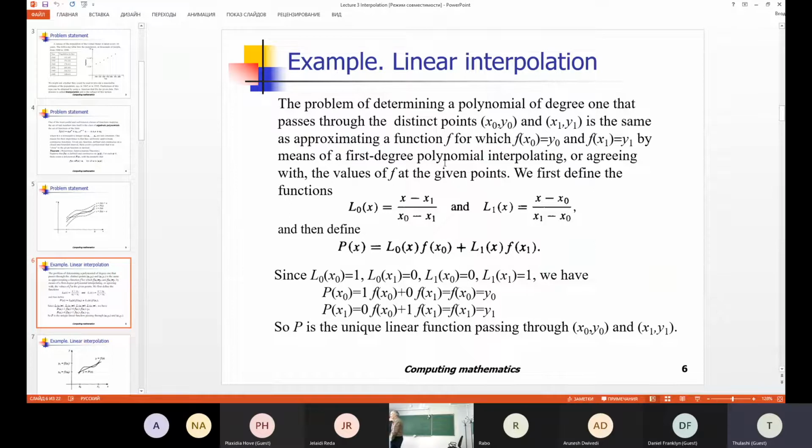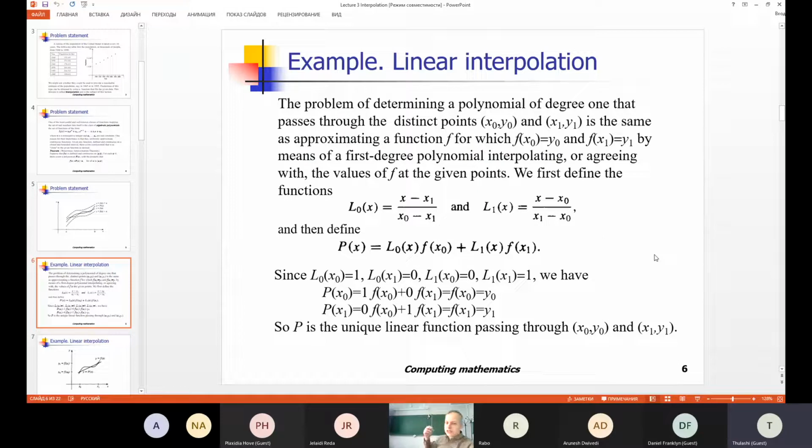The same is written here on this slide: the value of the polynomial at the point x0 equals y0, and the value of the polynomial at the point x1 equals y1.